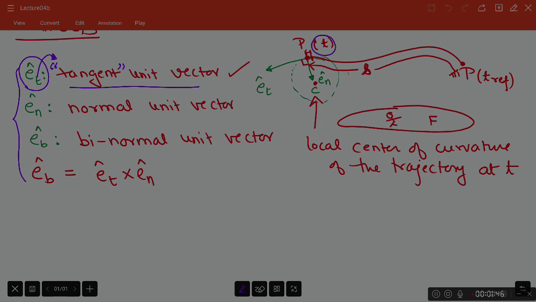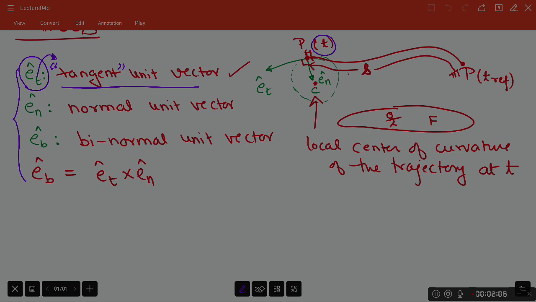So this t is time. However, when a t is appearing with a unit vector as a subscript, that is not time, but it represents the word tangent.